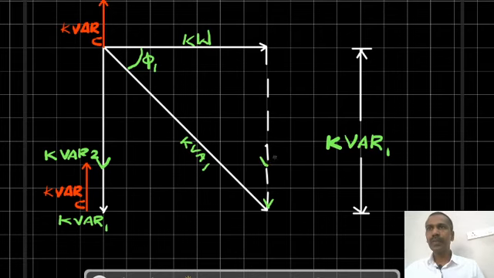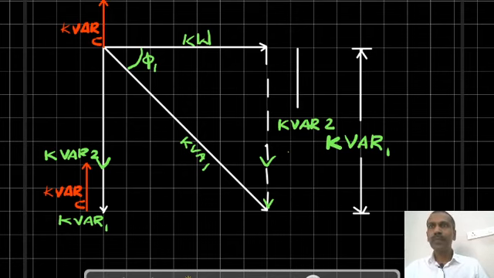This is the reactive power required by the inductive load now, because the remaining reactive power is supplied by the capacitor bank. Now the reactive power required by our inductive load is kVAR2.